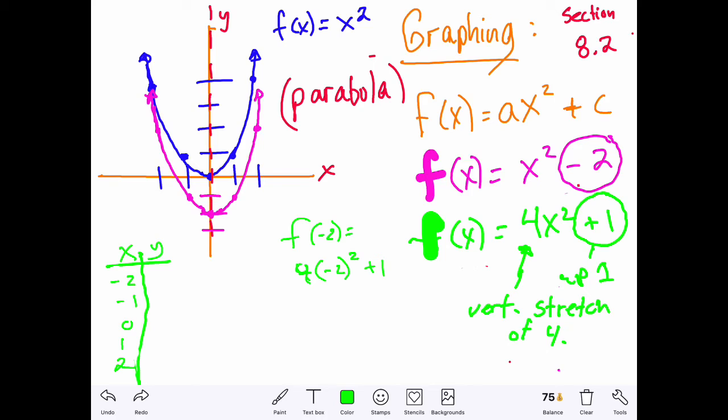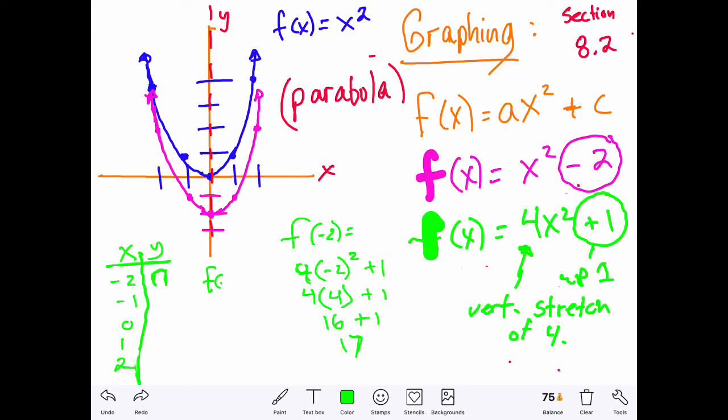Now, do I want to multiply first, or do I want to evaluate the exponent? Well, the exponent. -2 squared, 4. 4 times 4, 16. And then 16 plus 1, 17. Okay. So notice all my PEMDAS rules still apply.